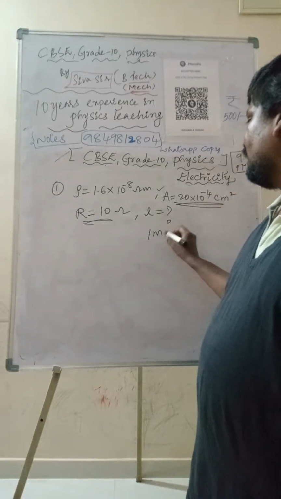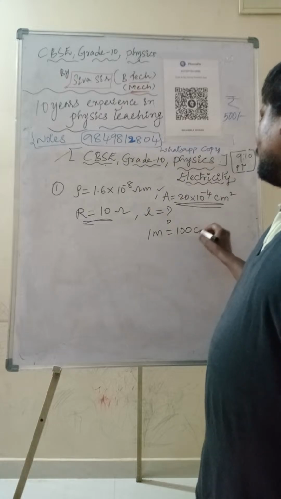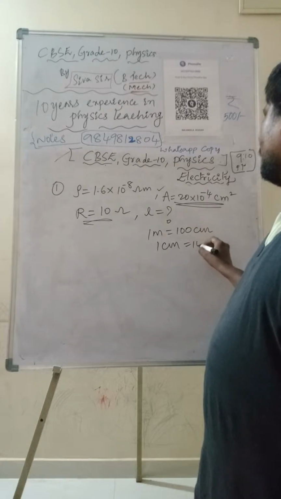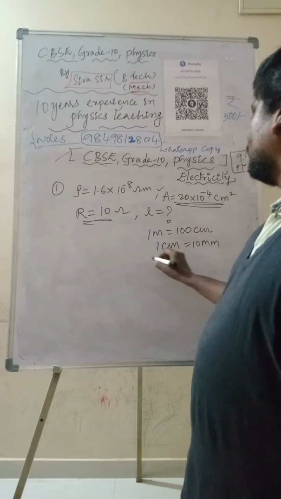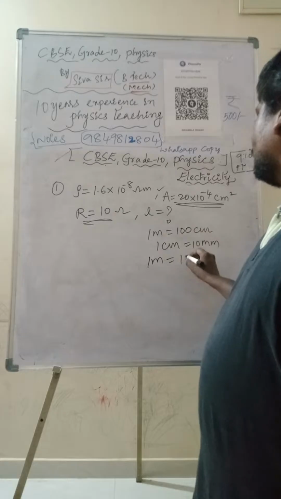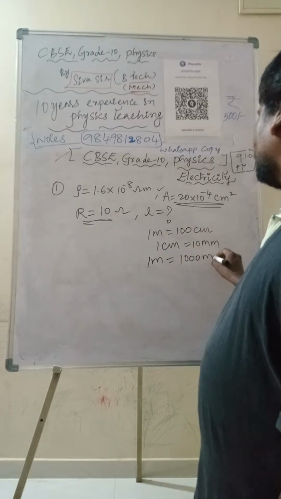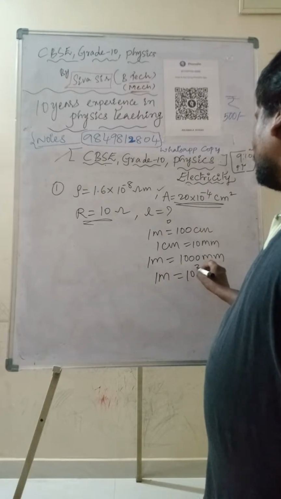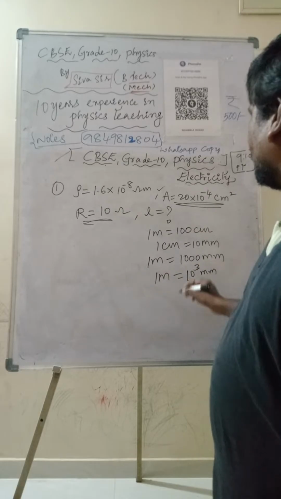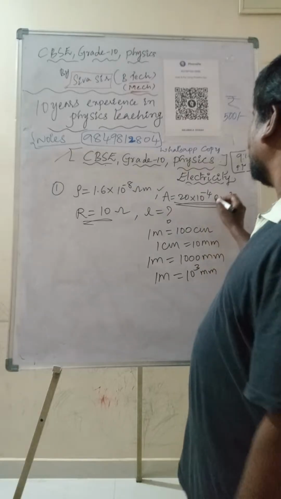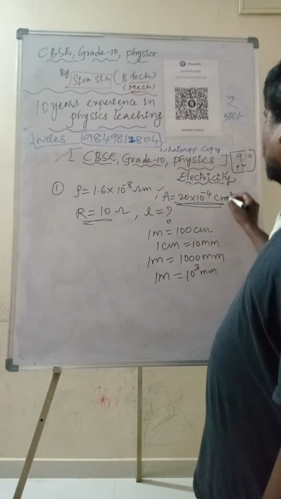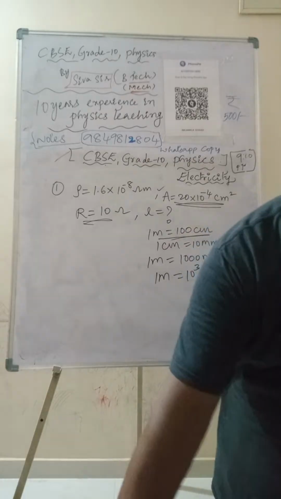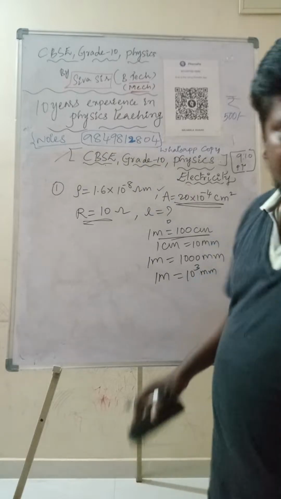Normally 1 meter equals 100 centimeter, 1 centimeter equals 10 mm, so 1 meter equals 1000 mm, that is 10 power 3 mm. Here centimeter only is given, so from here you can consider it.